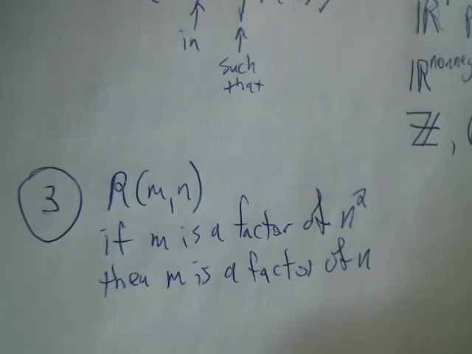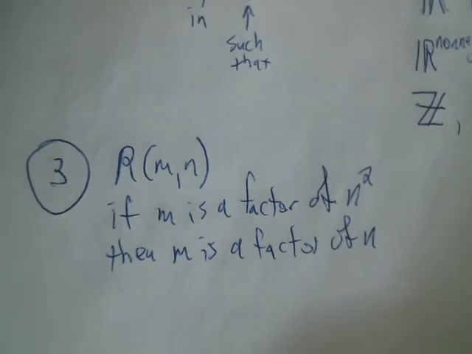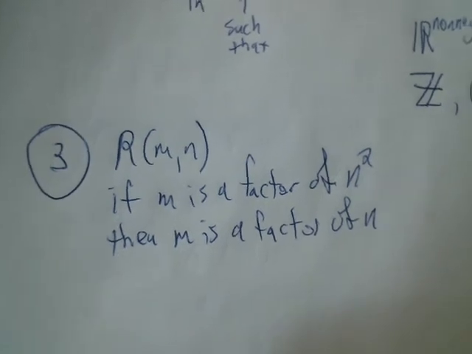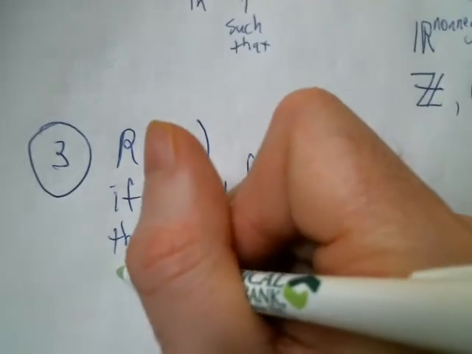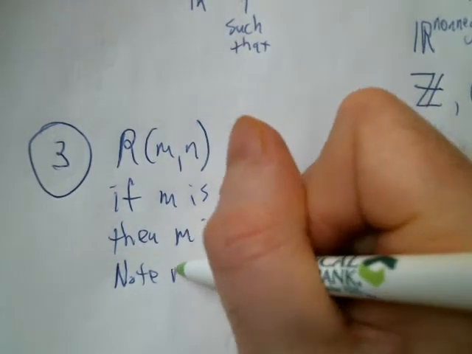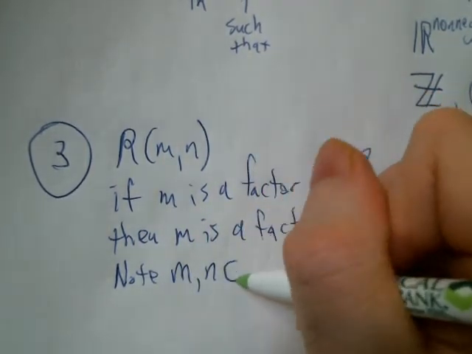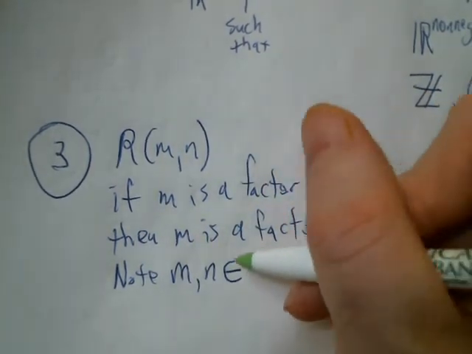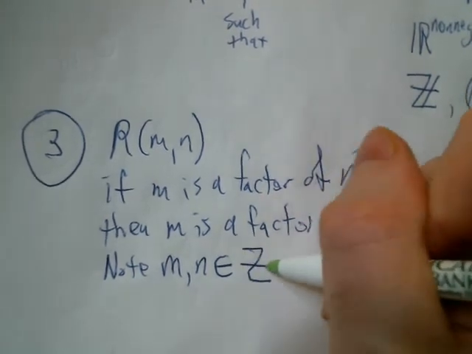Okay. The domain here is the set of integers, so it's Z. So they say note m comma n are both in Z.